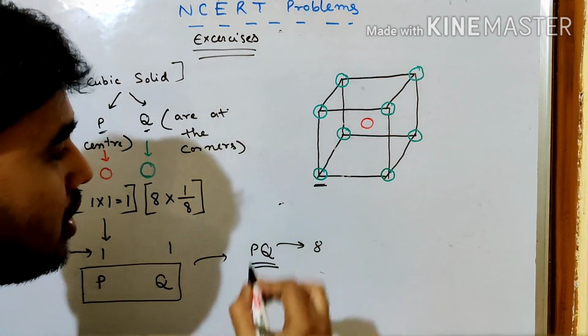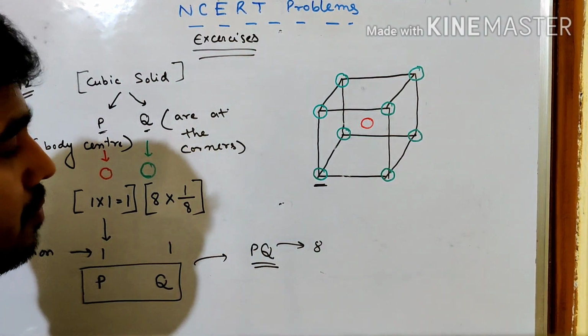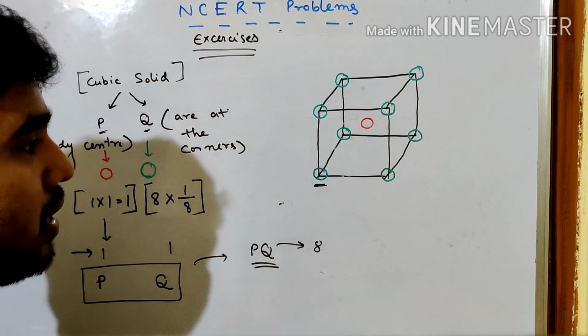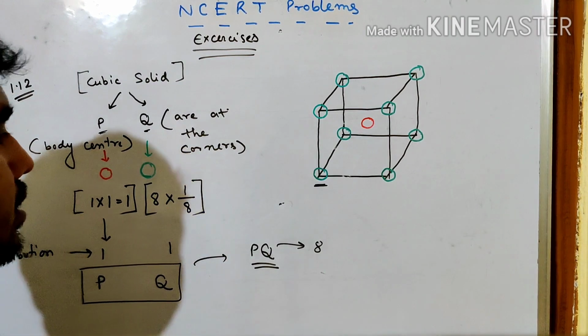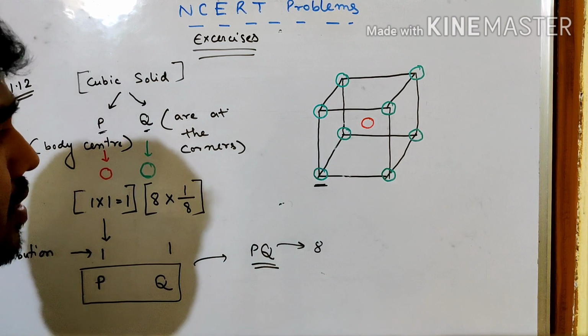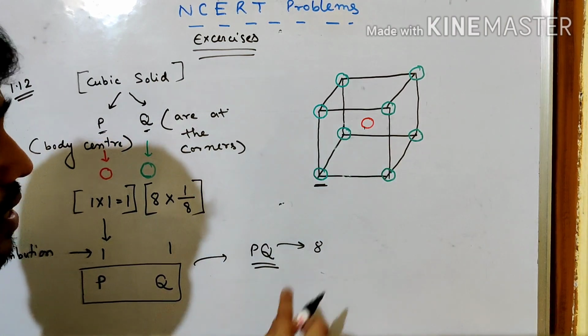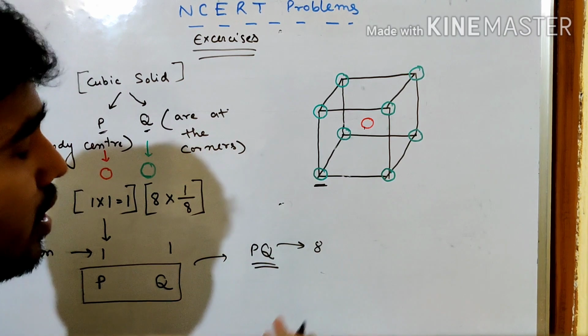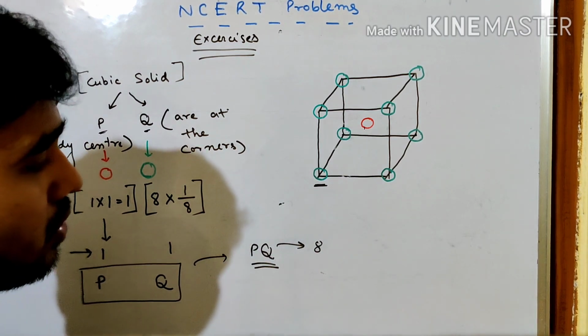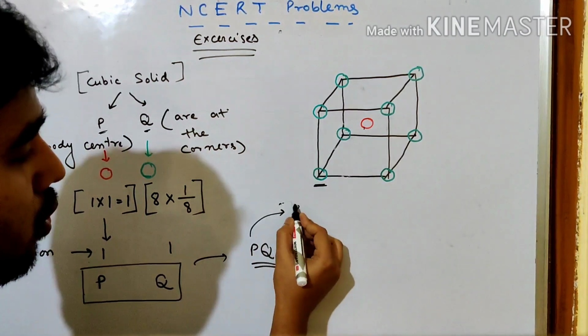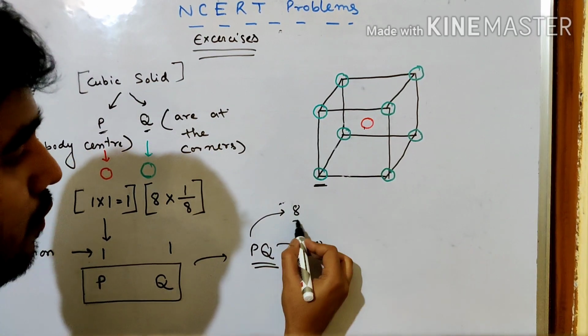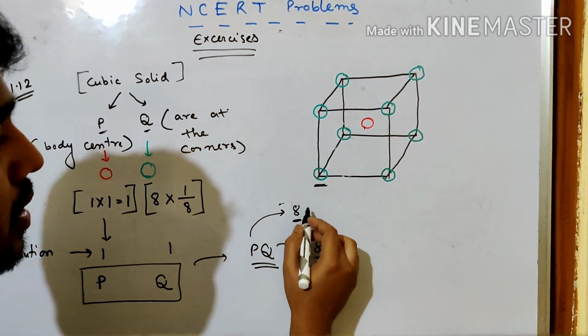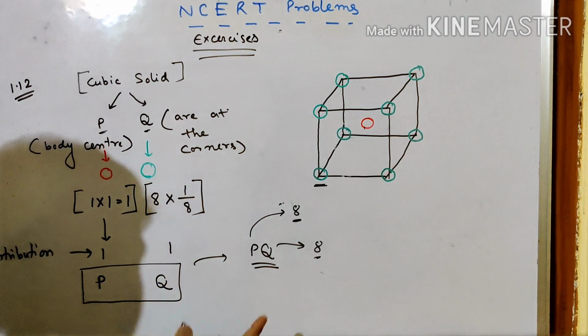So the coordination number of this one is 8. Coordination number means with how many other type of atoms it is connected. And here, since P is at the body center, it is also connected with 8 corner atoms. So for P also, the coordination number is 8. So if it is asked what is the coordination number, the answer should be 8 for each type.